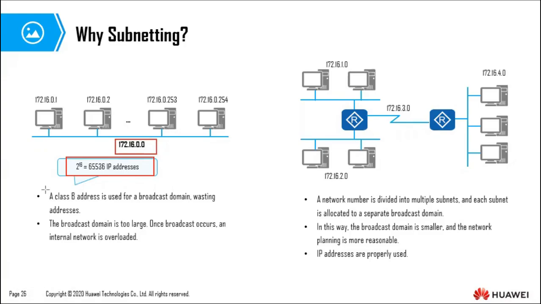Now, that class B network is going to create one huge broadcast domain. Meaning, if we have 200 devices, then we are going to have so many broadcast packets in that particular network, and they're going to consume bandwidth and reduce service quality.